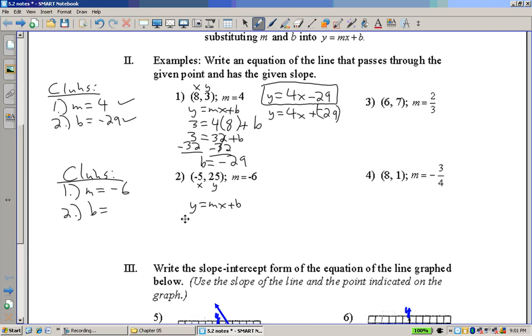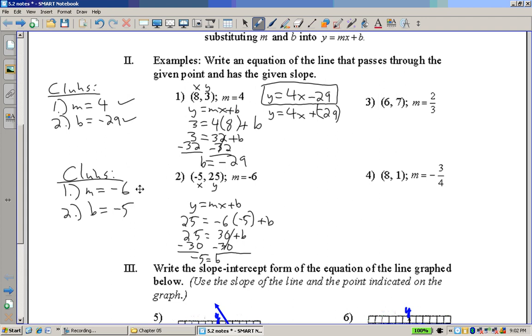So plug in y is 25, m is negative 6, x is negative 5, and we don't know b, which is good actually, because we're going to use this equation to solve for b, and then we'll be ready to plug it in. So let's do it. Negative 6 times negative 5 is 30. We're going to subtract 30 from both sides. 25 minus 30 is negative 5, so b equals negative 5.